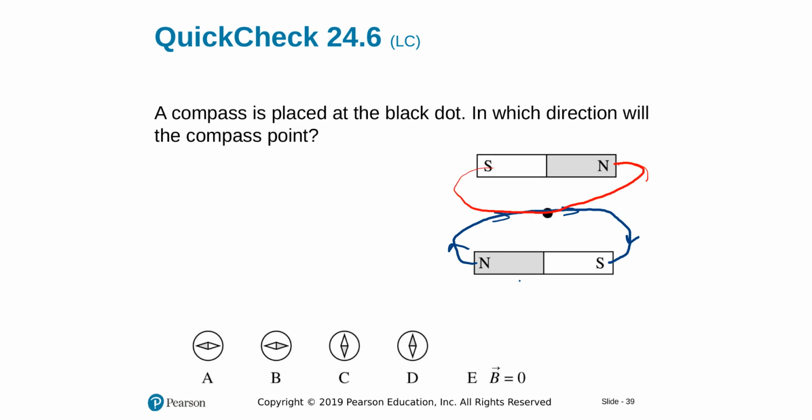Overall, I can easily see away from north towards south to the left. Distances are the same, and the magnetic fields are opposite to each other. If I call this one B1, let's say, and the other B2, they are vectors. Magnetic field is a vector. They will add; they are opposite and equal to each other, so they will have a zero magnetic field. We will have a zero magnetic field there, so no deflection there. No magnetic field, no deflection.